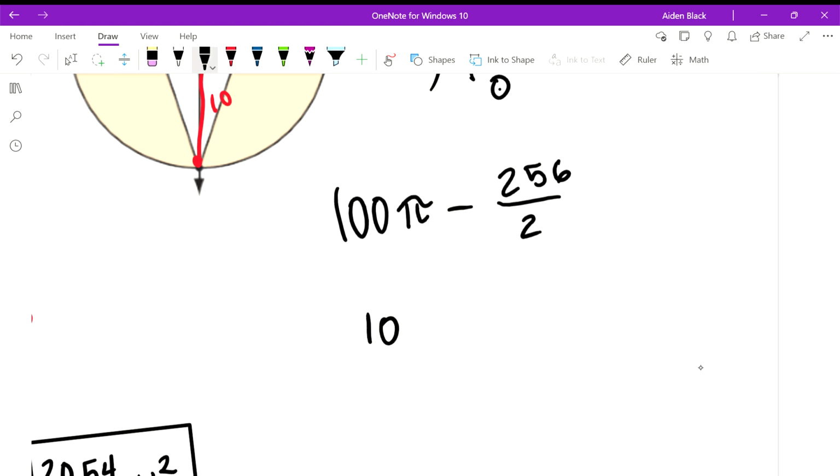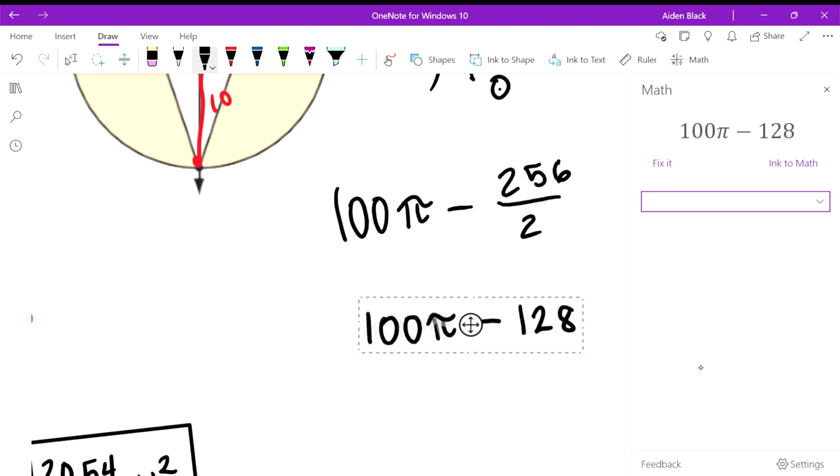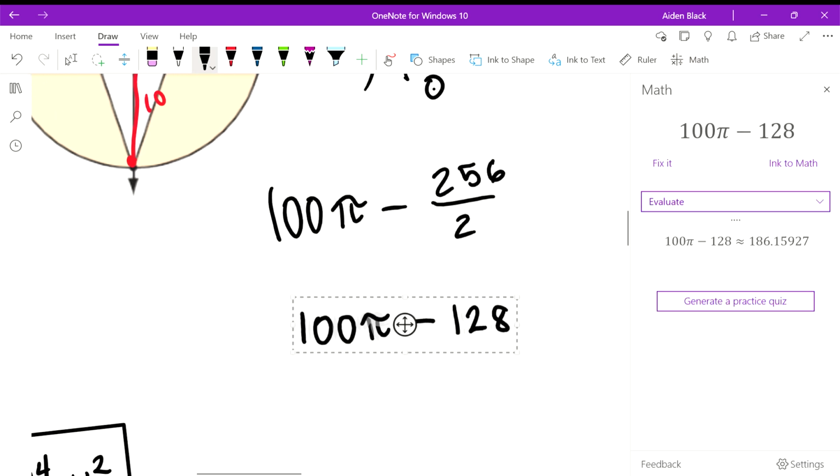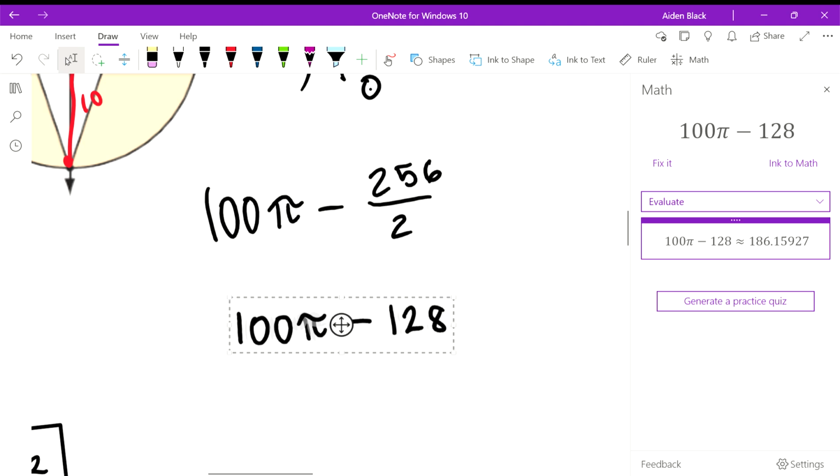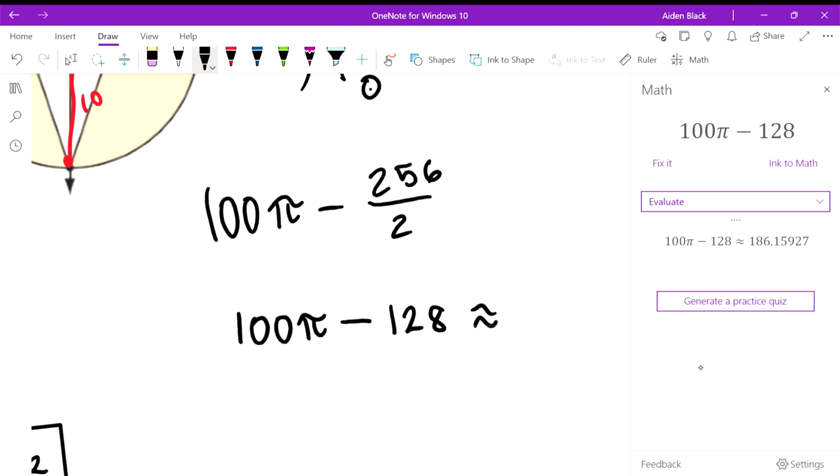I need it precise. 100 pi minus 128. There we go. 186. So yeah, pretty close to 190. 186.16. Now that looks good.